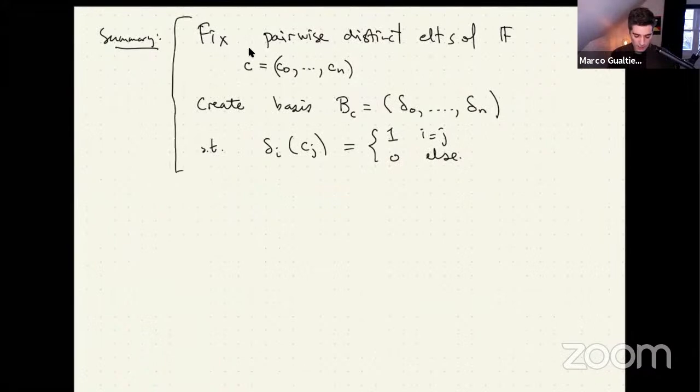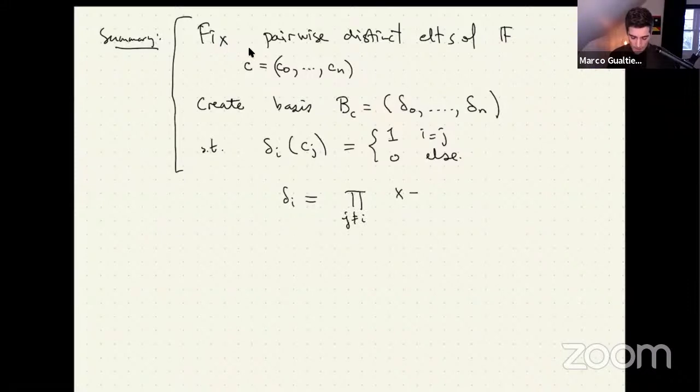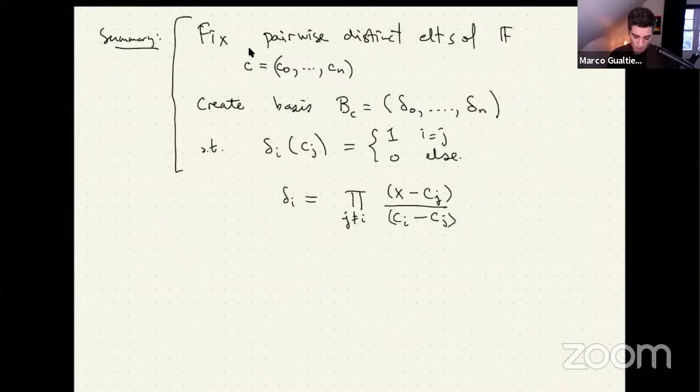We gave a formula. Delta i is the product over j not equal to i of (x minus Cj) divided by (Ci minus Cj). To be more precise, j goes from 0 to n, and j is not equal to i. So this is the basis that we need.